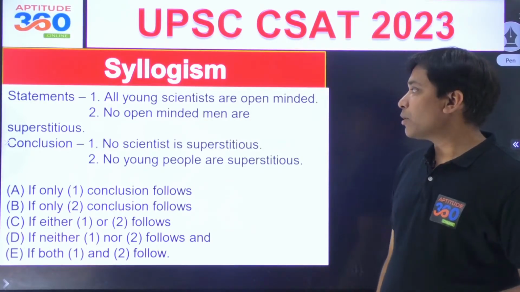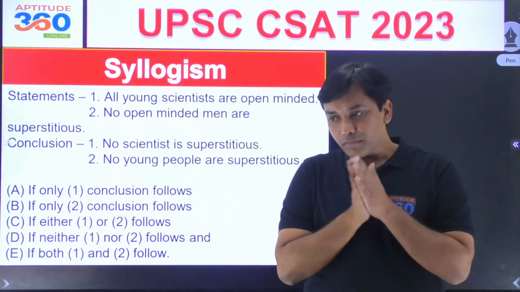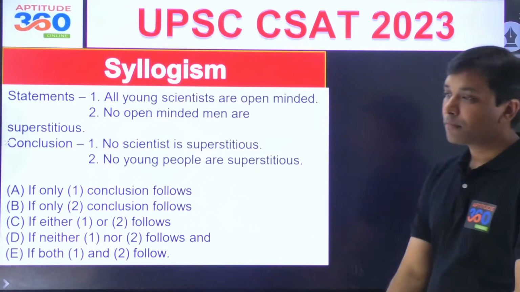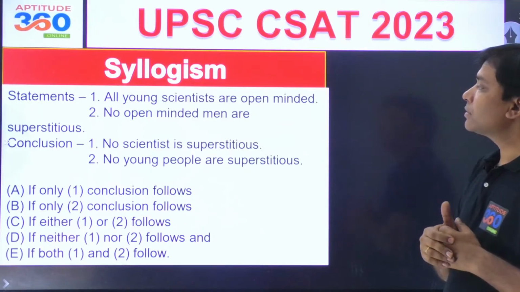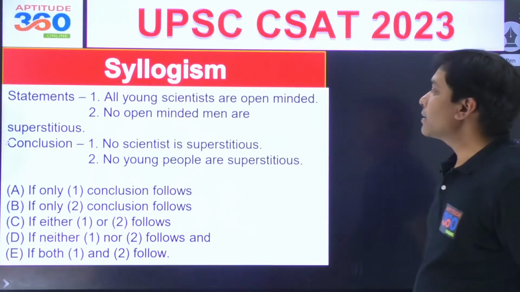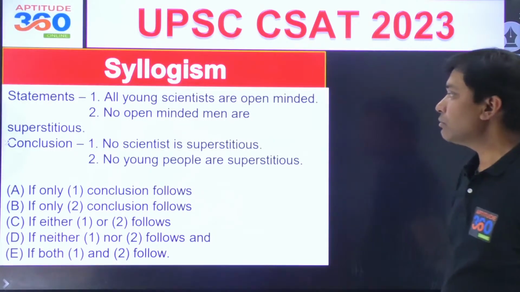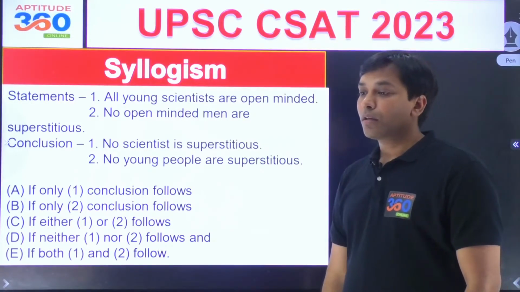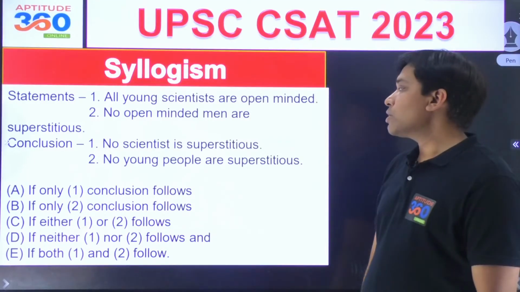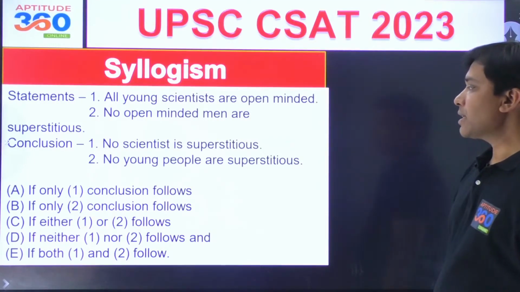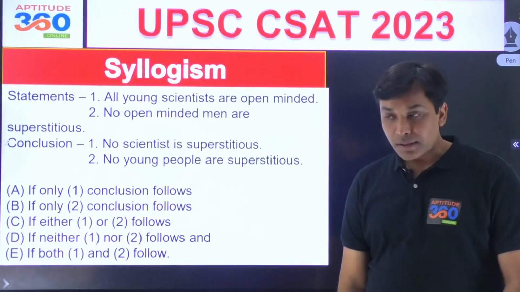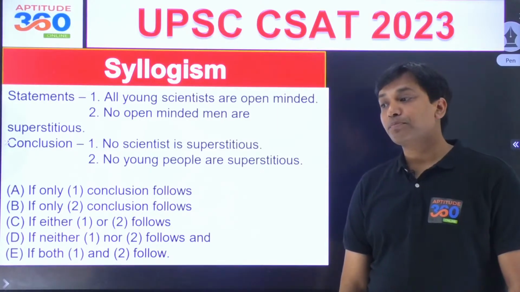Now a little confusion will begin. What will be the answer? What do you think is the answer? All young scientists are open-minded. No open-minded men are superstitious. And the conclusion is: no scientist is superstitious and no young people are superstitious. Do let me know what is the answer.